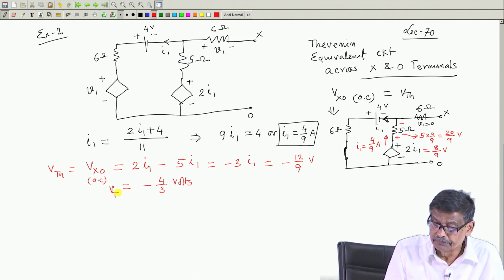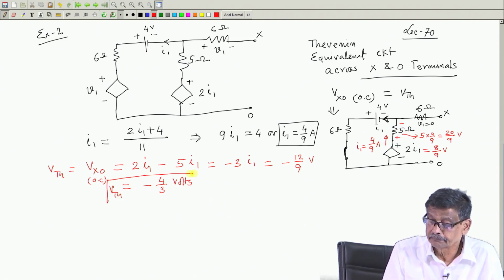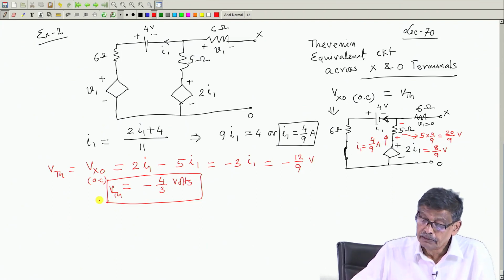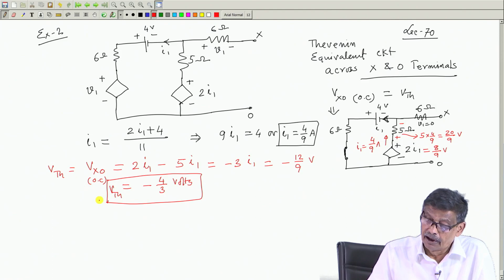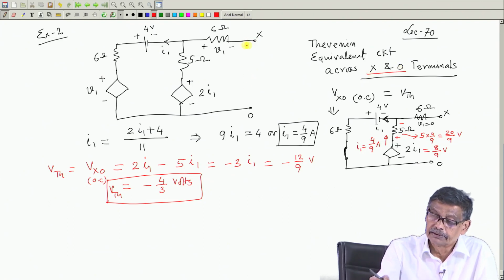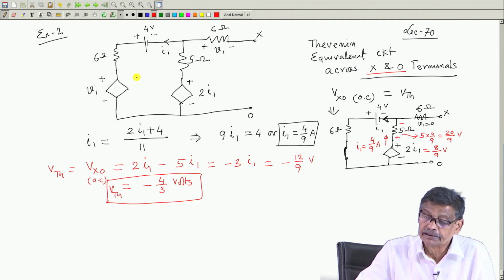So, this is the V Thevenin I have found out. Now, I have to calculate R Thevenin. I want to express this network as a Thevenin's equivalent across X and O.